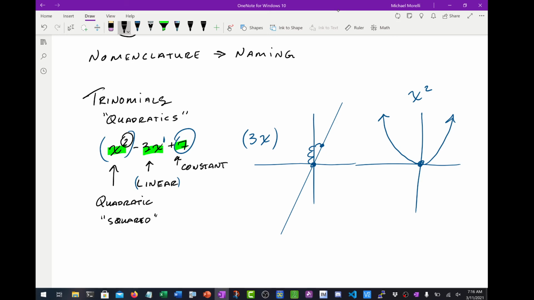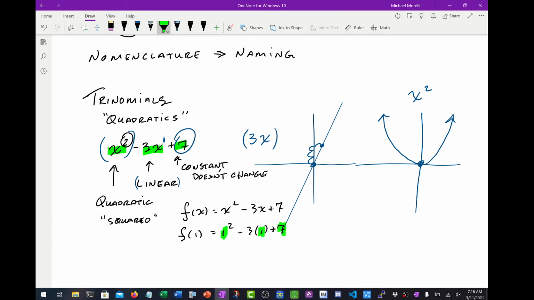The reason it's called constant is because it doesn't change. You know, just think about the word constant. That means doesn't change. And the reason we say constant is because if we put this in function notation and wrote f of x equals x squared minus 3x plus 7, and we evaluated this function at, say, f of 1, we would have 1 squared minus 3 times 1 plus 7. You see here that in this evaluation, the x has now changed to a 1.